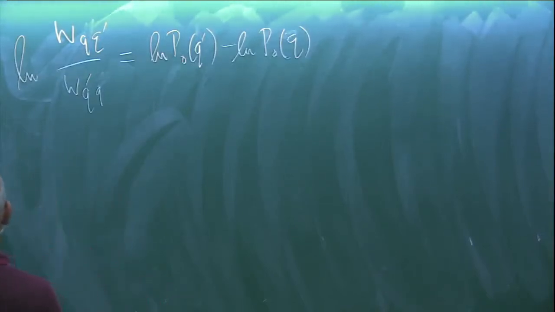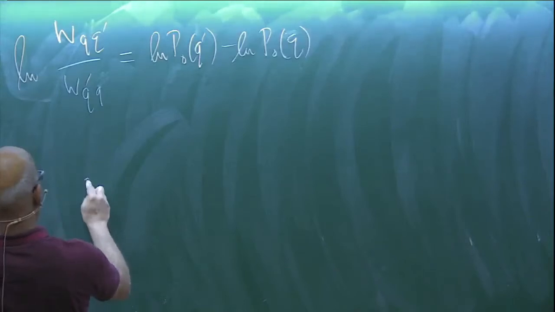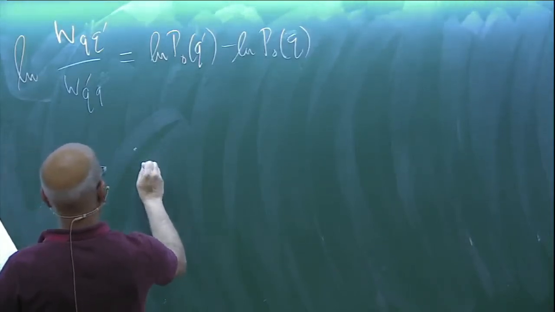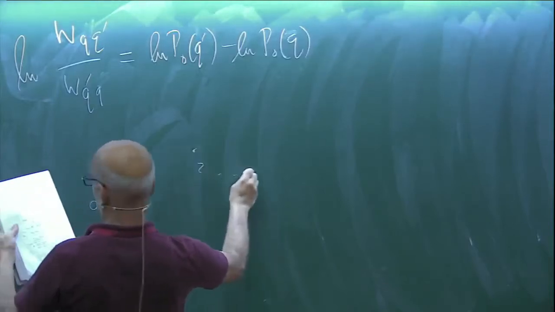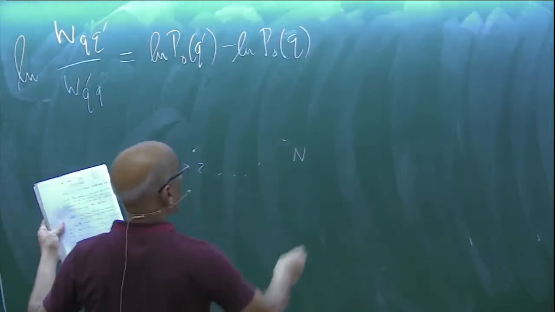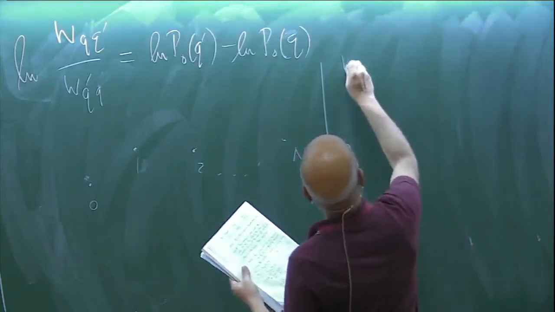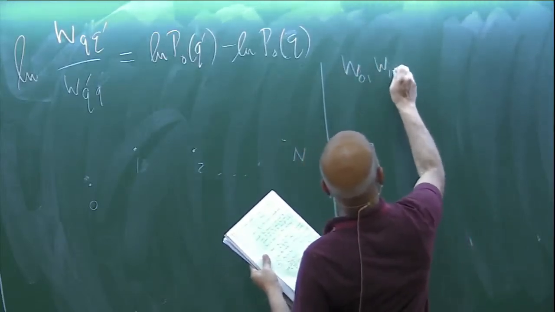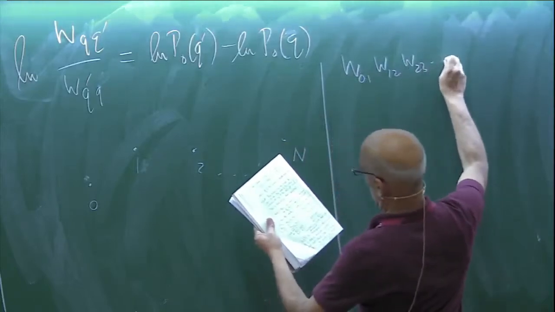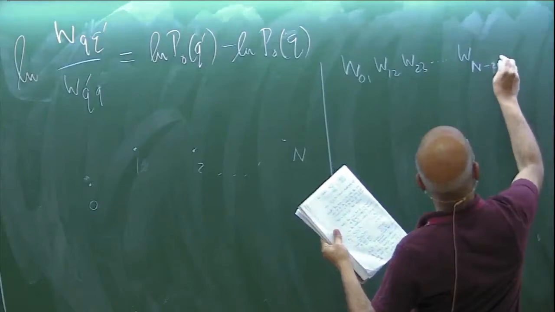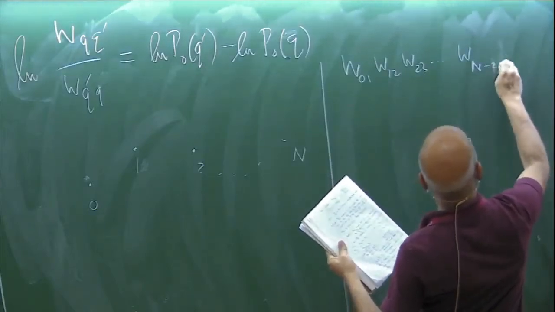So let's think of a sequence of configurations. Here is configuration 0, configuration 1, configuration 2, and so on, up to configuration n. And let's write down W01, W12, W23, and so on, up to W(n-1)0.